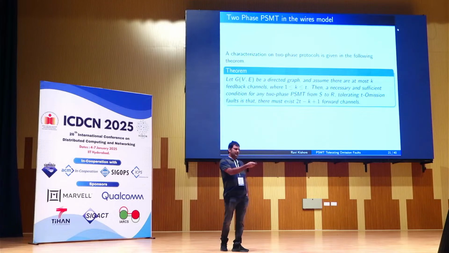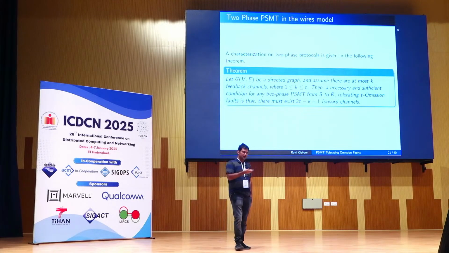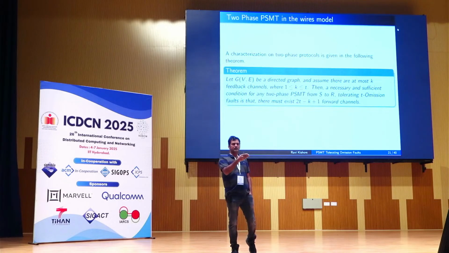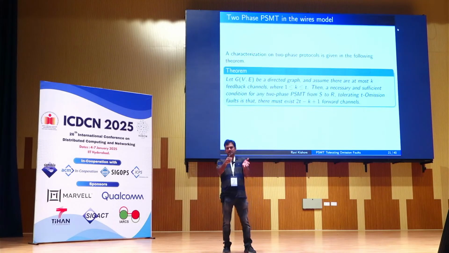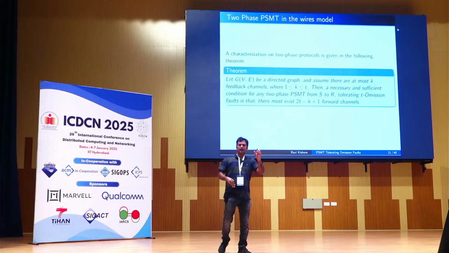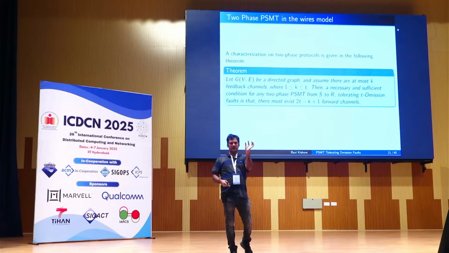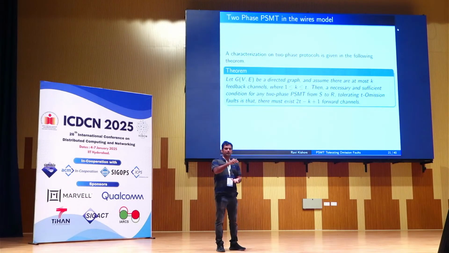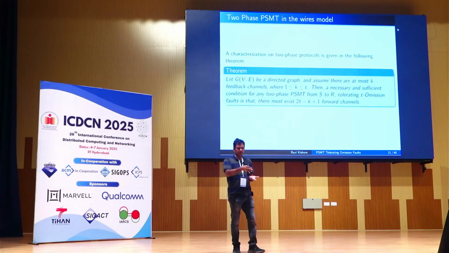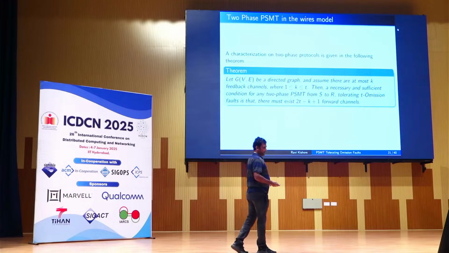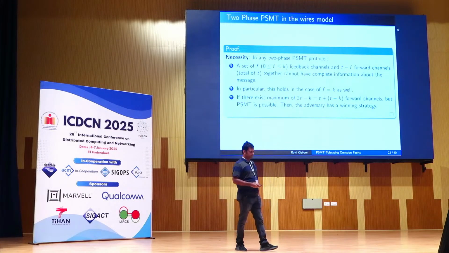So suppose there exist at most 2T minus K forward channels, where 2T minus K is nothing but T plus T minus K. Assume the adversary crashed T paths, then we are left with T minus K forward channels and K feedback channels. So these T minus K forward channels and K feedback channels should have full information. That means T paths should have full information. In that case, we lose the security.